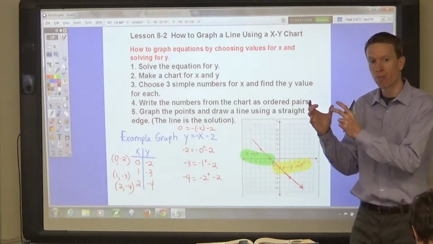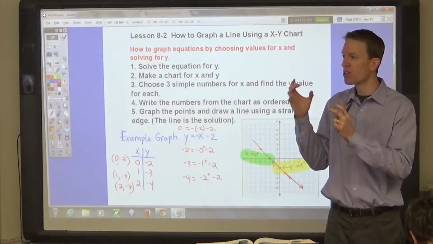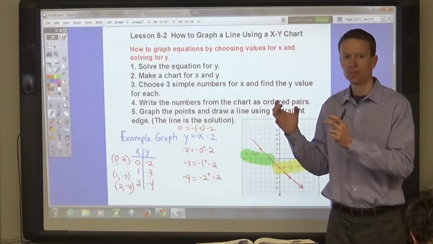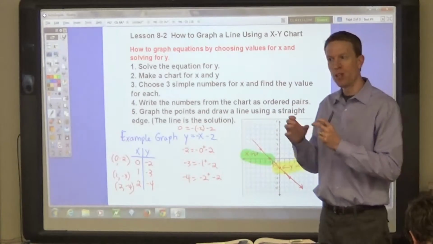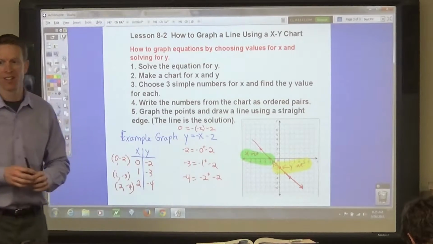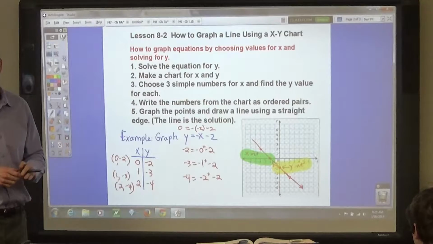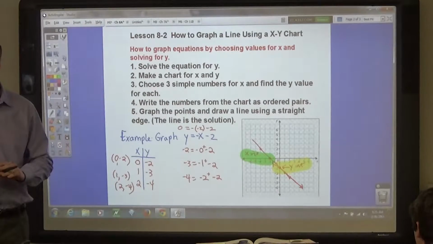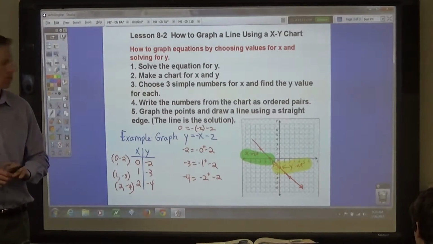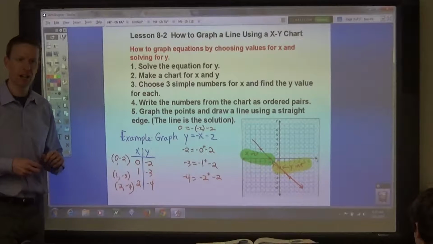They're pairs of numbers where one is the x coordinate, one is the y coordinate, and the numbers together make an equation true. True or false? They would make the equation true. And we're looking for those numbers.